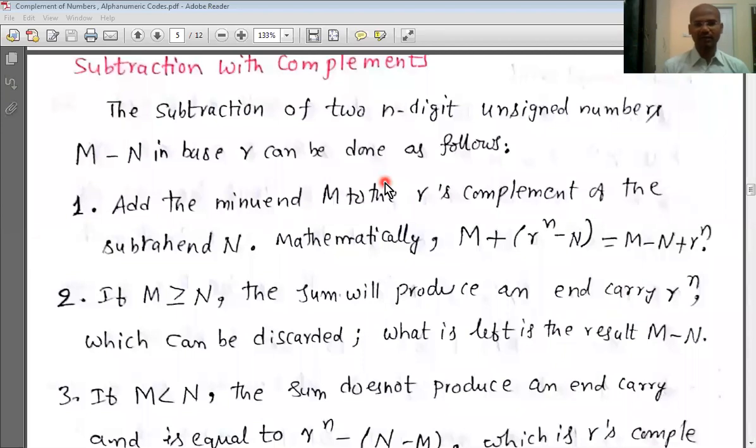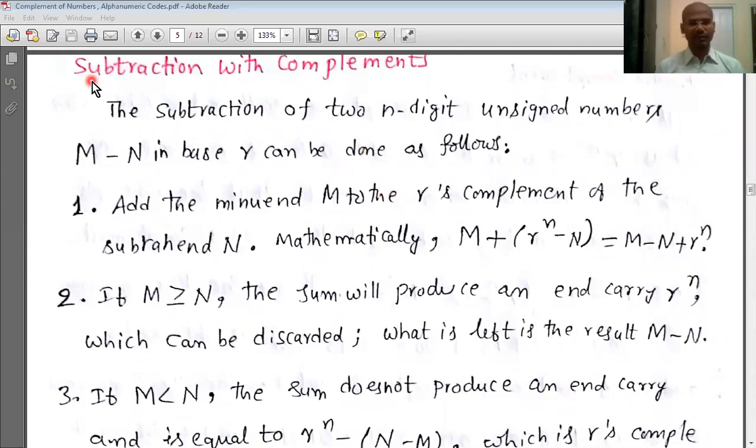If the given number is 1010, turning ones to zeros and zeros to ones, we get the ones complement, which is 0101. And if we need to find the twos complement, first find the ones complement and add 1 to the result. That becomes the twos complement of the given number.